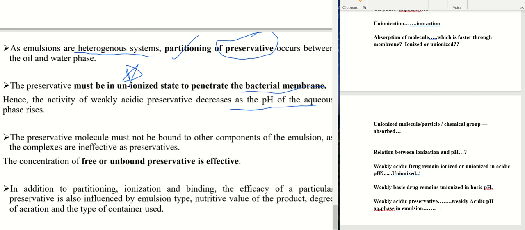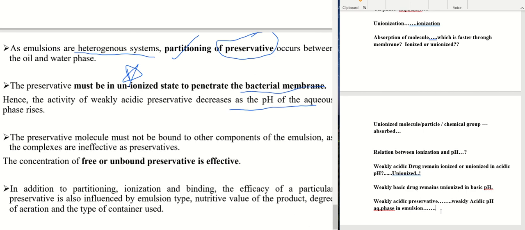We should check the pH of the preservative so that we maintain the same kind of pH in the emulsion. We should make sure the preservative gets partitioned equally between the aqueous phase and the oily phase. And that is how we can improve the stability of an emulsion.